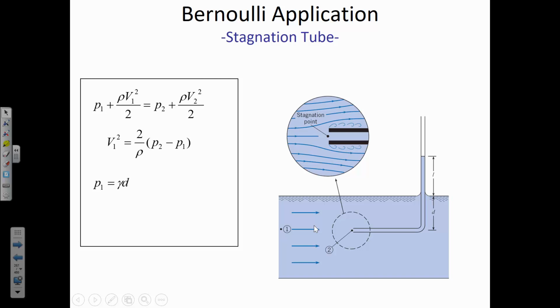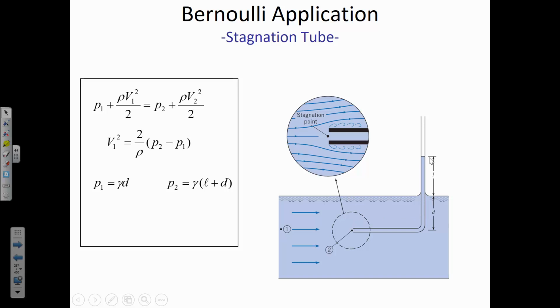Even though the water is flowing to the right, the hydrostatic equation would give us a pretty good guess of what the pressure at 1 is. The pressure at 2, right on the inside of that stagnation point, is going to be more than just related to the depth, because we know it's connected to the stagnation tube.